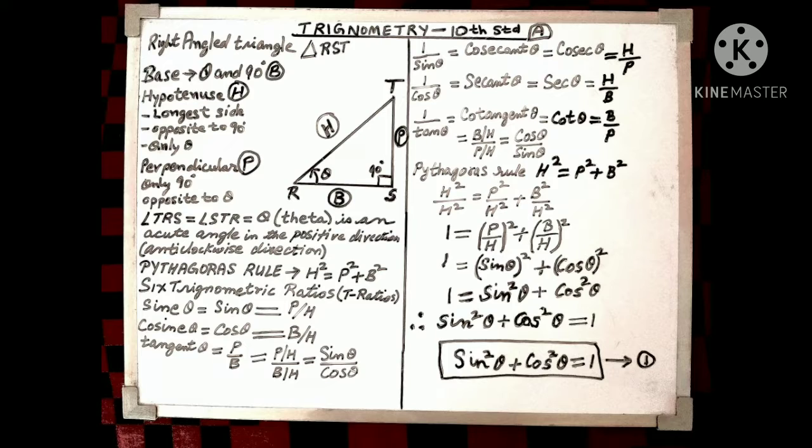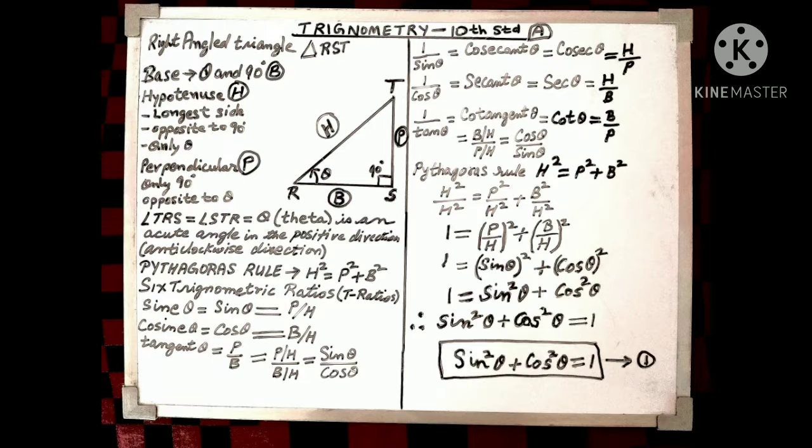Now when we talk of this angle theta, this can either be measured directly with a protractor, or we can have the ratios of the sides, and 6 different ratios will be defined as sine theta, cosine theta, tangent theta, cotangent theta, cosecant theta and secant theta. Let us see how do we define these.